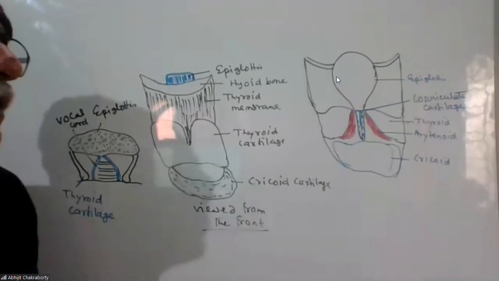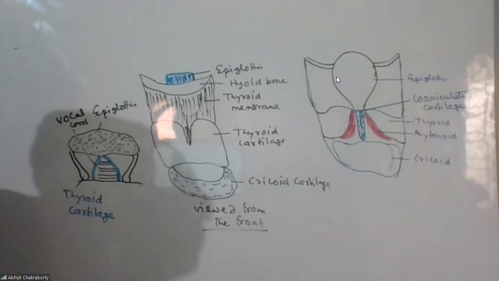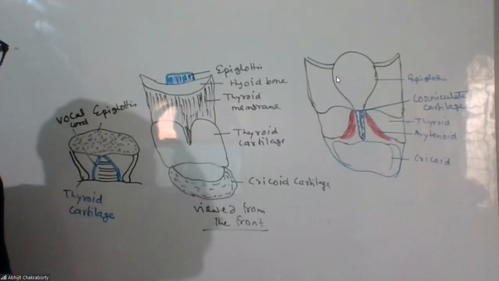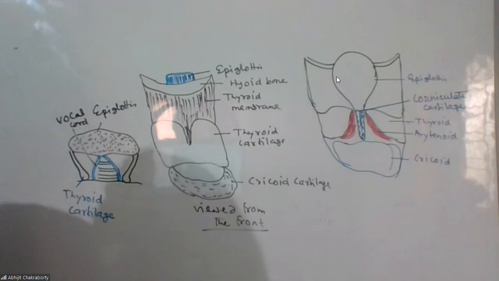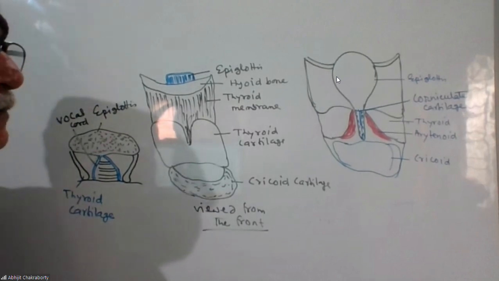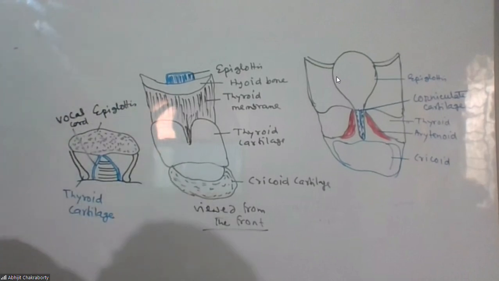Okay? So the role of epiglottis is to prevent entry of any food grain into the larynx area. Clear? That is, epiglottis actually closes off the larynx during swallowing.